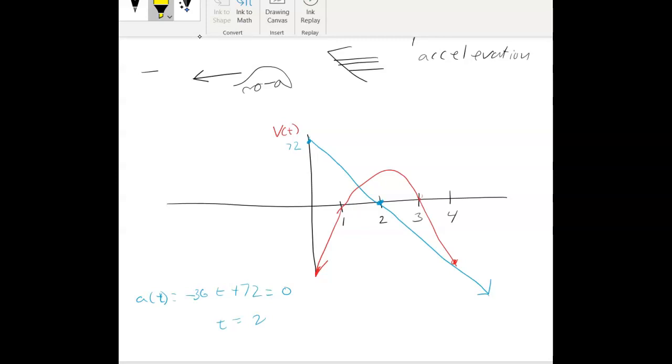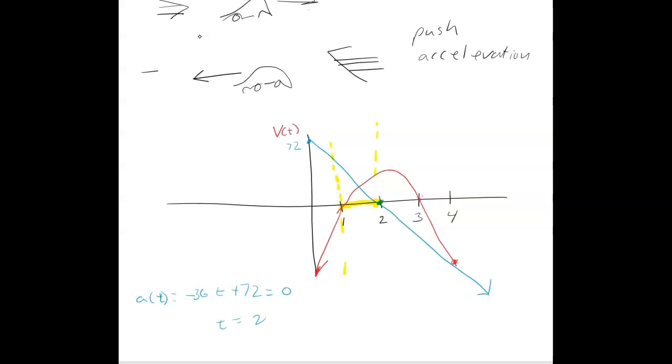But here, the velocity crosses over. So from 1 to 2, I have the same sign on my acceleration and my velocity. They are both graphed above the x-axis from 1 to 2 seconds. So you can draw little lines through all of the zeros of any of the functions, and it gives you intervals to look at.